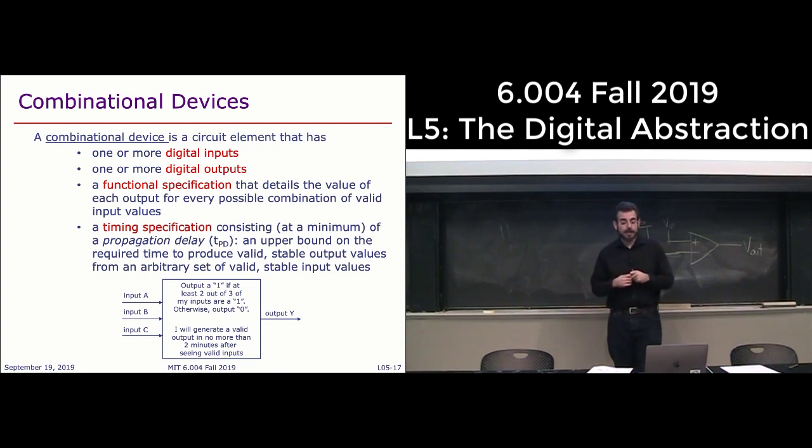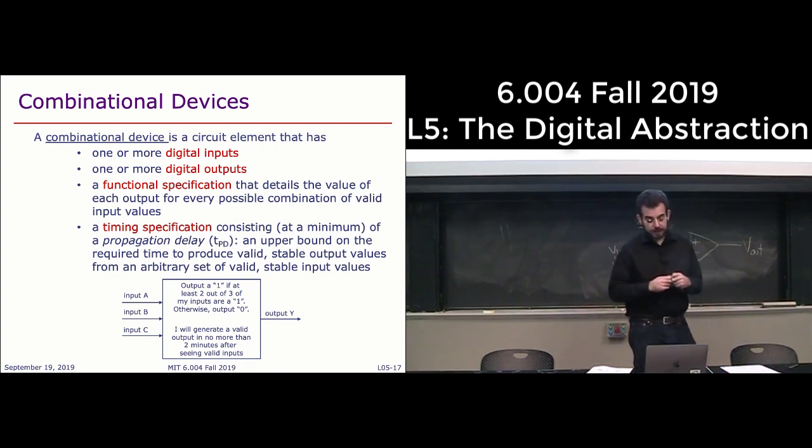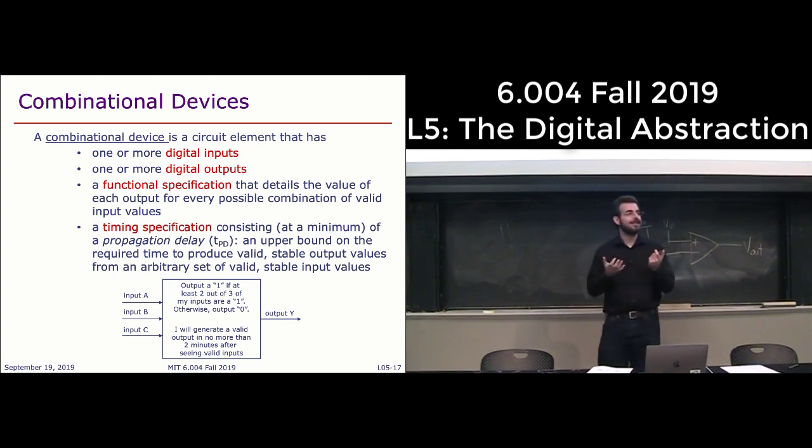And then a timing specification that at least consists of what we call a propagation delay. The propagation delay is an upper bound on the time that you take from having valid inputs to producing a valid and stable digital output. Why do we want to have a bound on that?